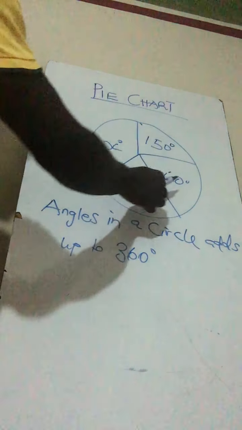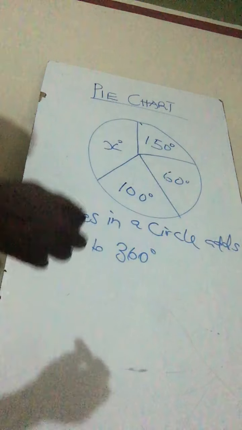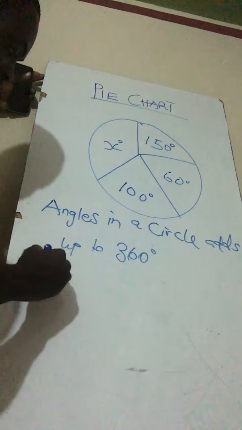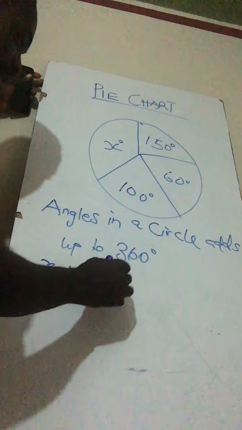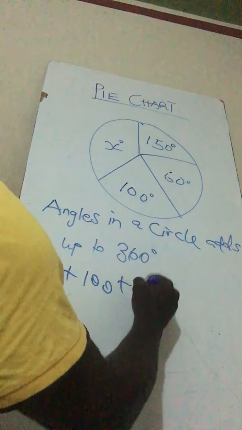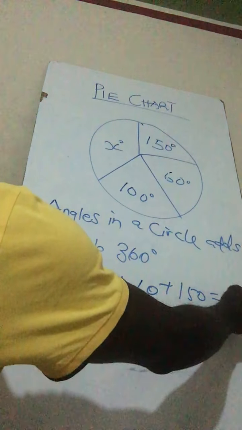And so 100 plus 60 plus 150 will give you 310. So it means that this x is 50. Because x plus 100 plus 60 plus 150 should give you 360.